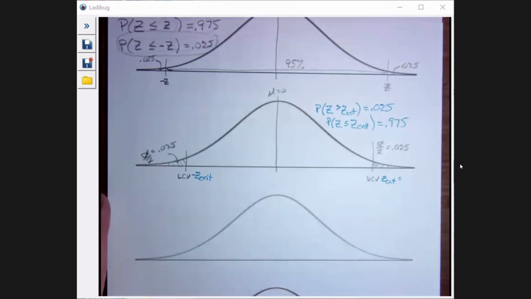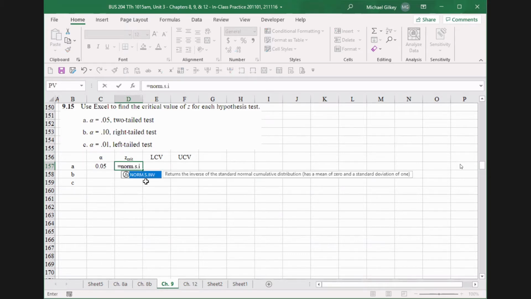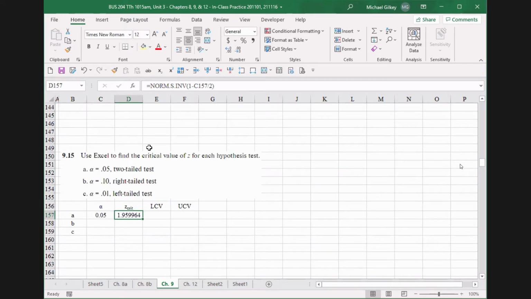Okay. So if we go back to our spreadsheet, our alpha here is 0.05, and our critical value is norm.s.inverse of 1 minus alpha over 2. Is everybody okay? And there is our critical value.